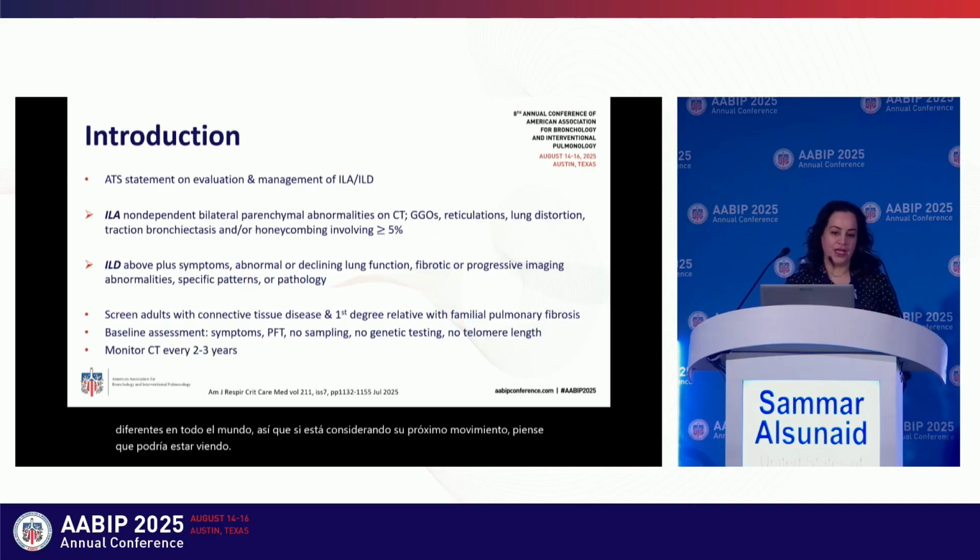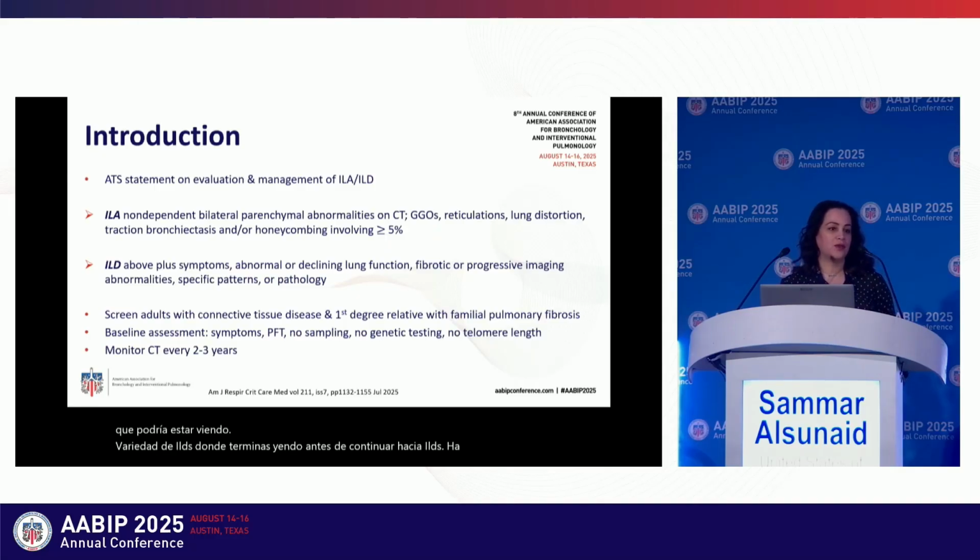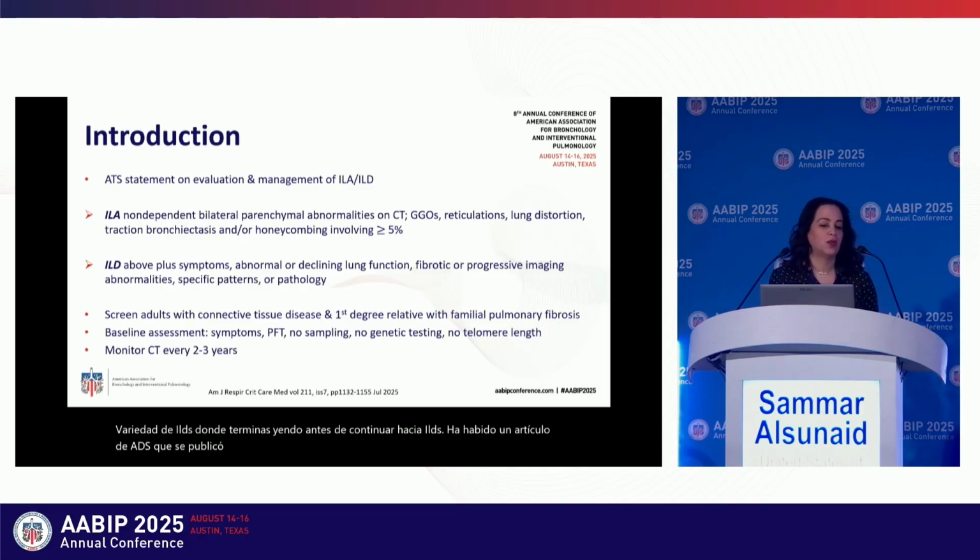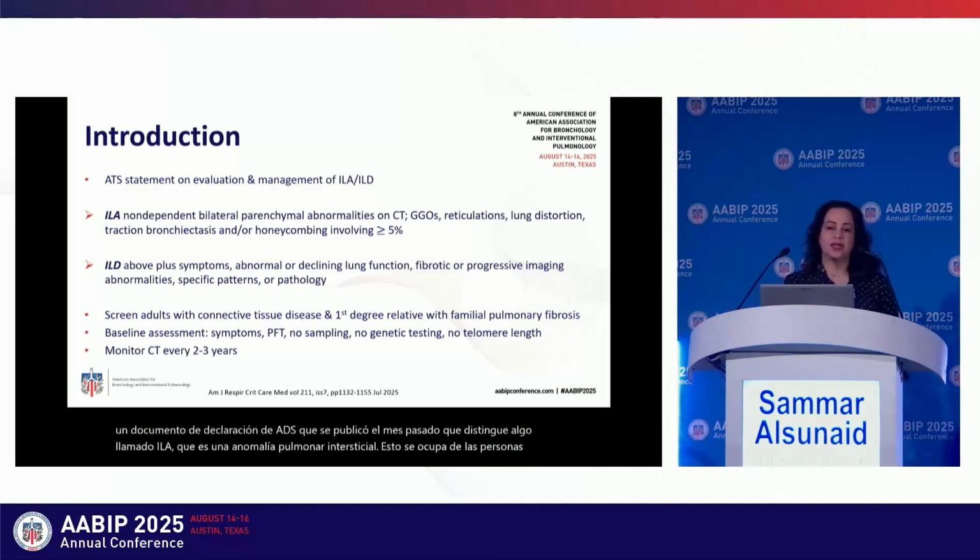Before continuing into ILDs, there has been a statement paper by ATS that was published last month that distinguishes something called ILA, which is interstitial lung abnormality. This deals with people who have an incidental abnormal CT scan. They were getting a CT maybe for lung cancer screening, and all of a sudden you have interstitial changes, GGOs, and they have no symptoms.